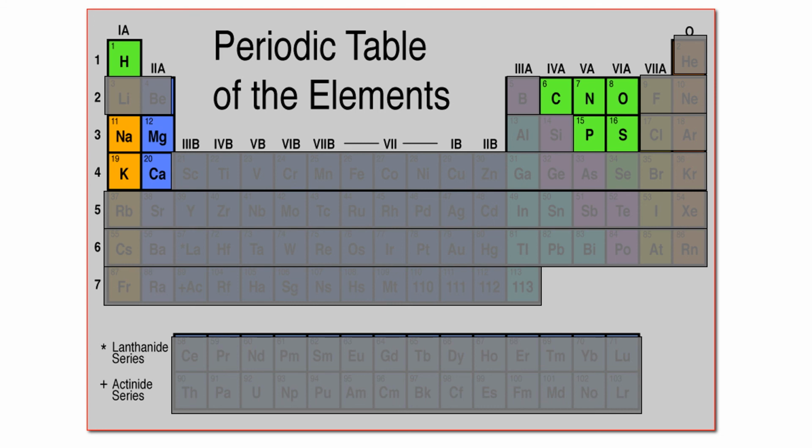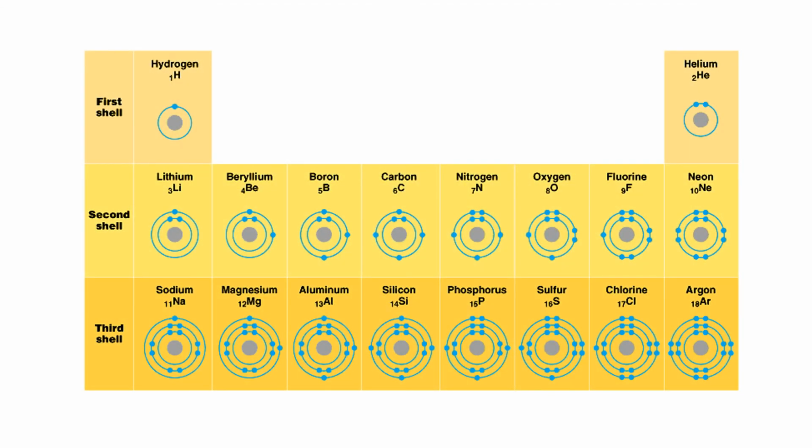All of these are going to make up the vast majority of the compounds of life. It's not exclusive. Zinc is important, iron is important, selenium, there are plenty of other things that we need, but these are the major.